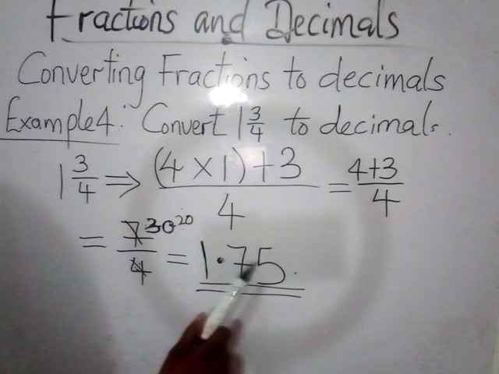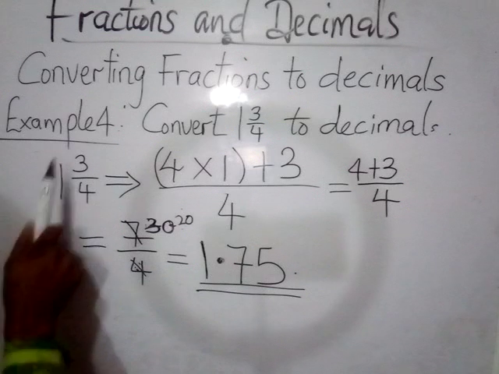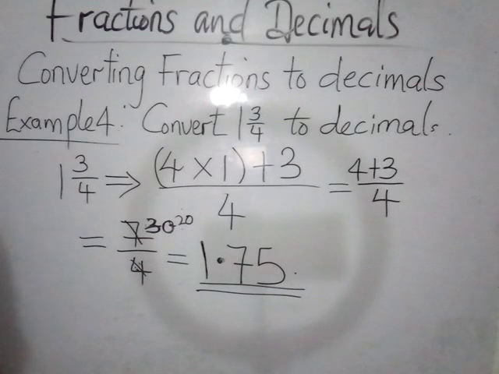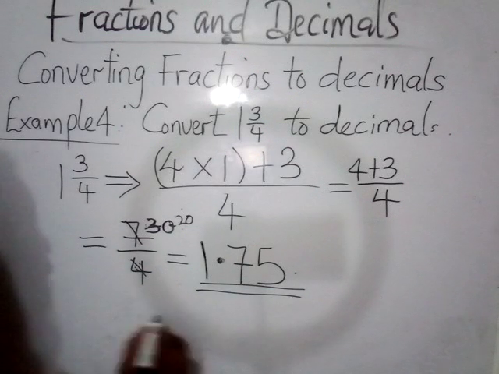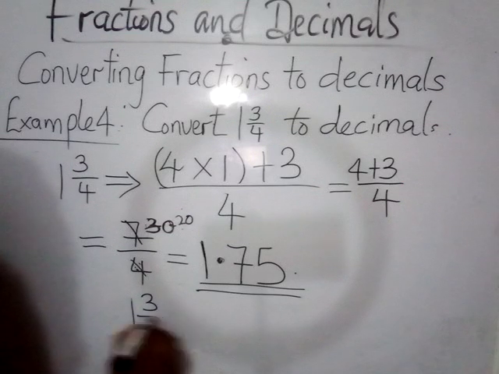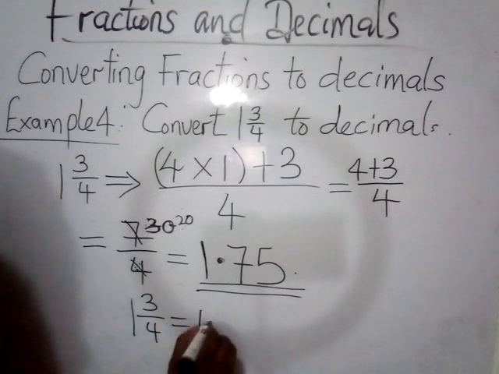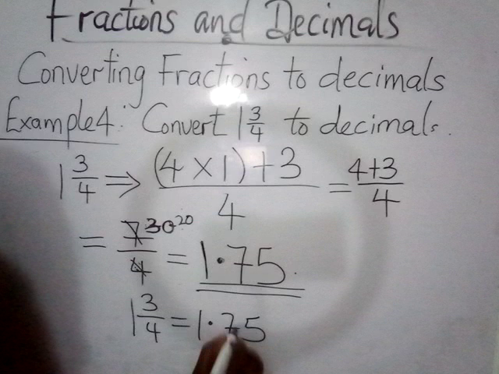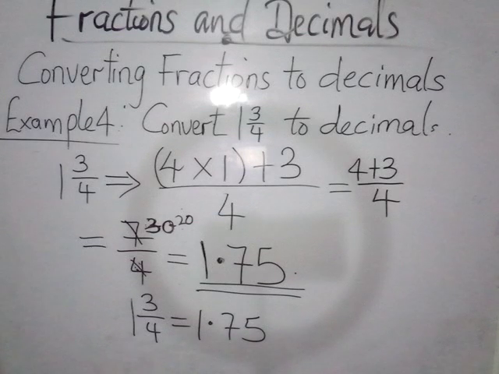So you have 1.75, which is the same as 1 whole number 3 over 4. So we can write safely that 1 whole number 3 over 4 is equal to 1.75. Now we can also use the long division method to show this, right?